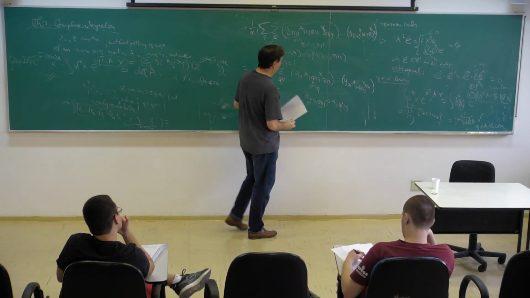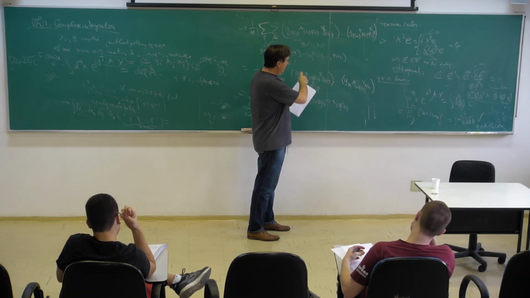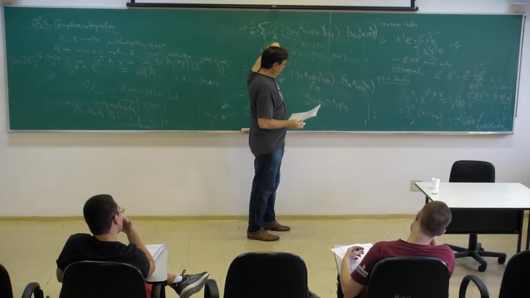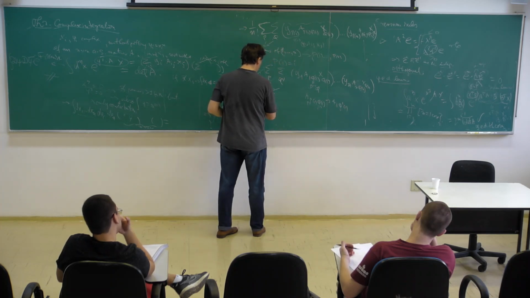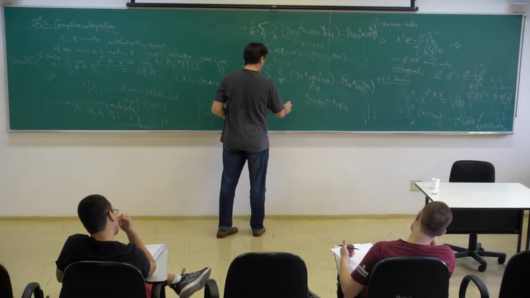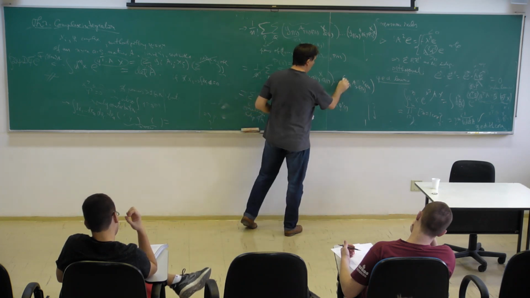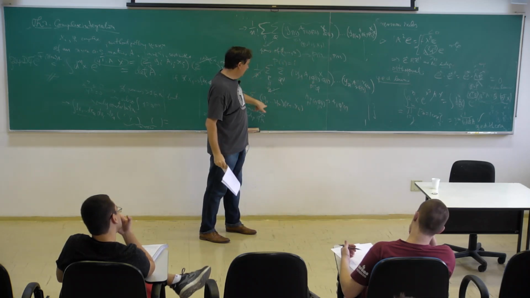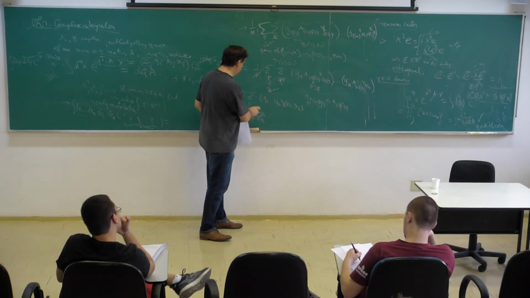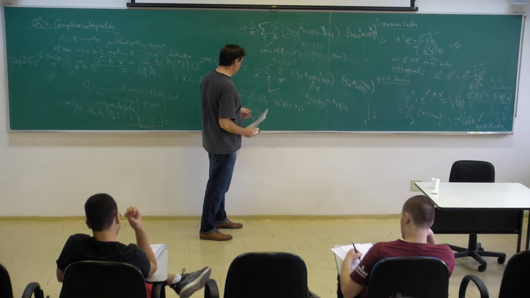So I will rewrite these as, I will put them in order, y1 to yn and x1 to xn. So I just pull all of these x's and y's outside and arrange them in this order. That's why I said it's an overall sign.